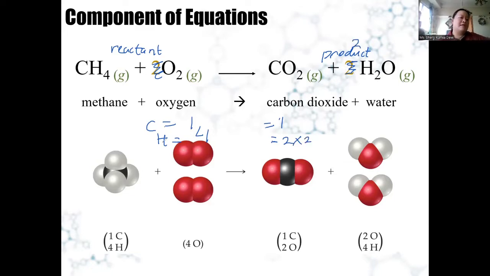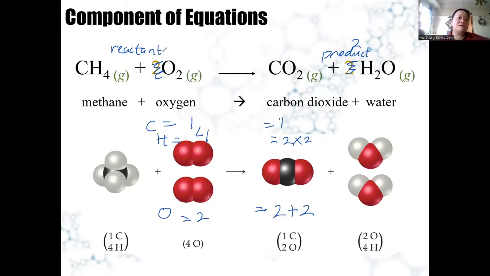Okay. And then the oxygen also. The oxygen on the left side is 2. But because we have already timesed this one with 2, so this one is 2. And also we have 2 in carbon dioxide. So it's not balanced, right?